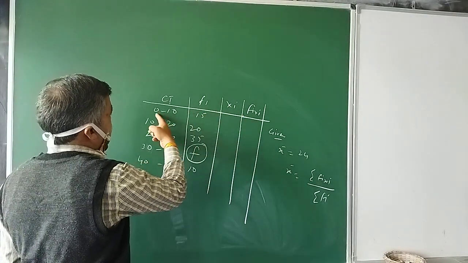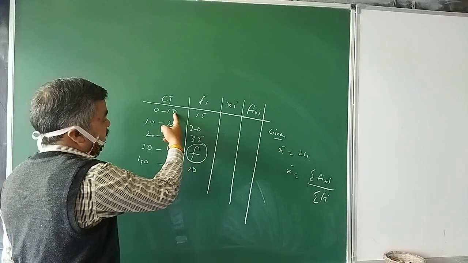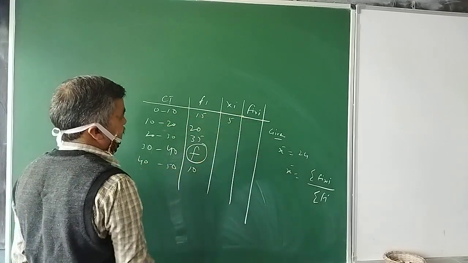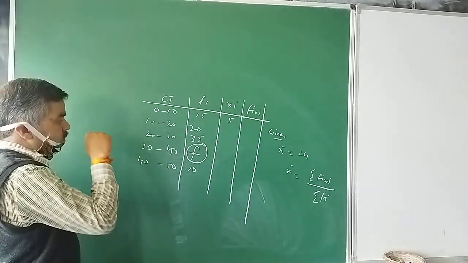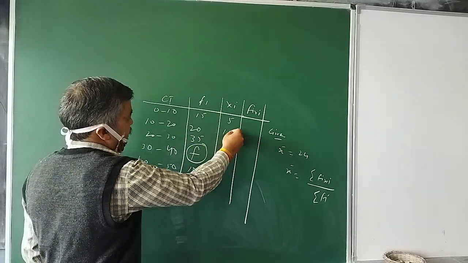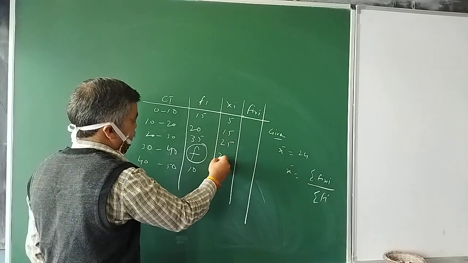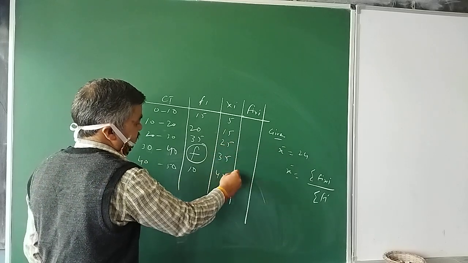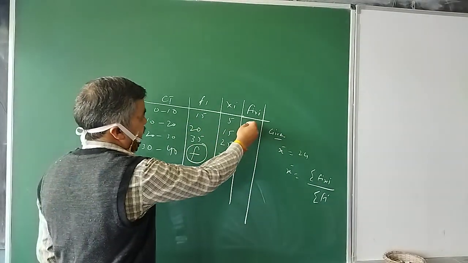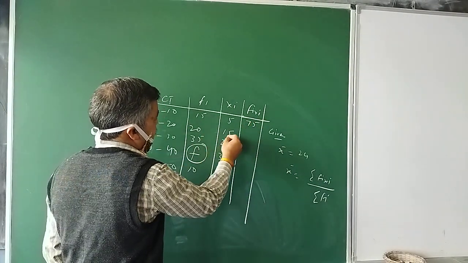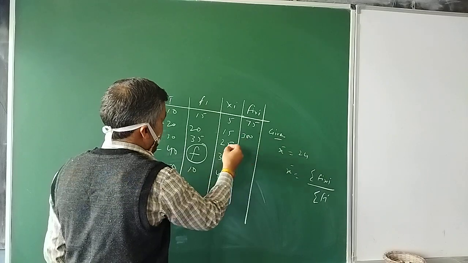So xi: 0 plus 10 is 10, divided by 2 is 5, that is a class mark. Then 20 plus 10 is 30 divided by 2 is 15, then 25, then 35, then 45. Now looking for the product, 15 fives are 75, then this will be 300.